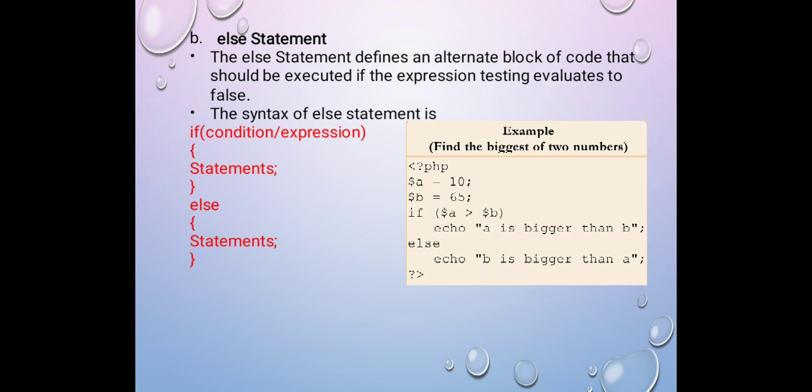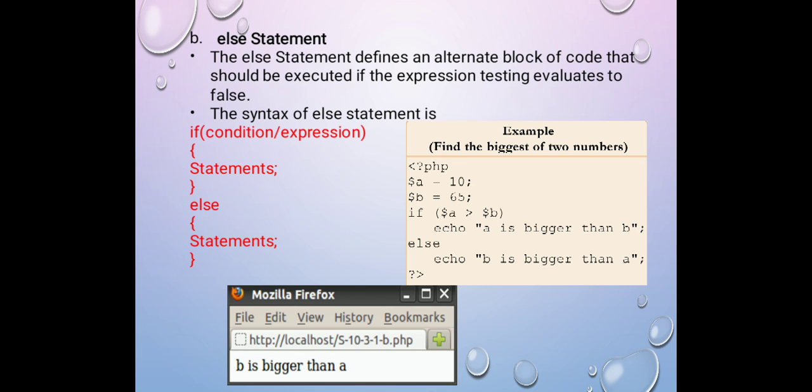And an example: angle bracket open PHP, $a equal to 10, $b equal to 65. If $a greater than $b, echo a is bigger than b. Else case, echo b is bigger than a. Here echo is used to print this statement. Here the value of a is 10, b is 65, so the condition is false. So the output will be b is bigger than a.